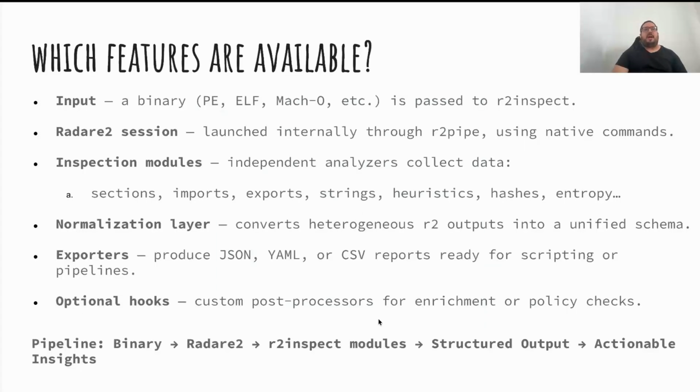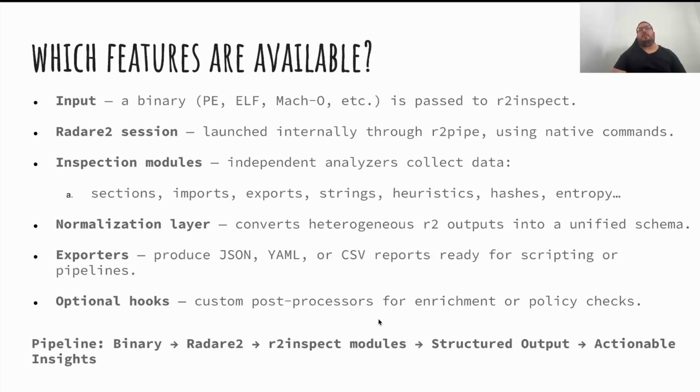So which features are available? Basically, the workflow is you have a binary, either a PE, an ELF, or a Mach-O, that is passed to R2Inspect. Then we launch a Radare2 session through R2Pipe using native commands.